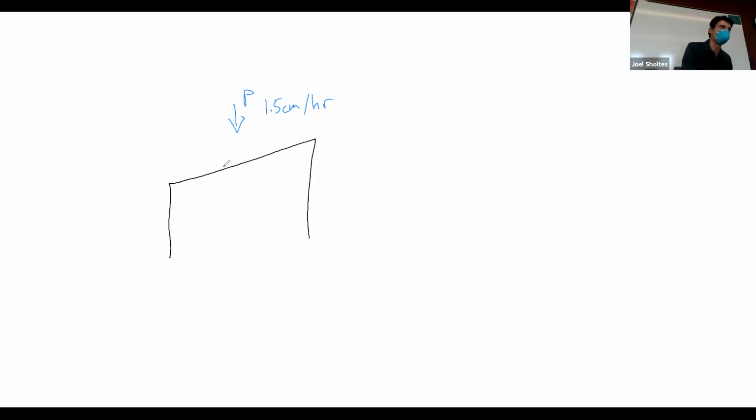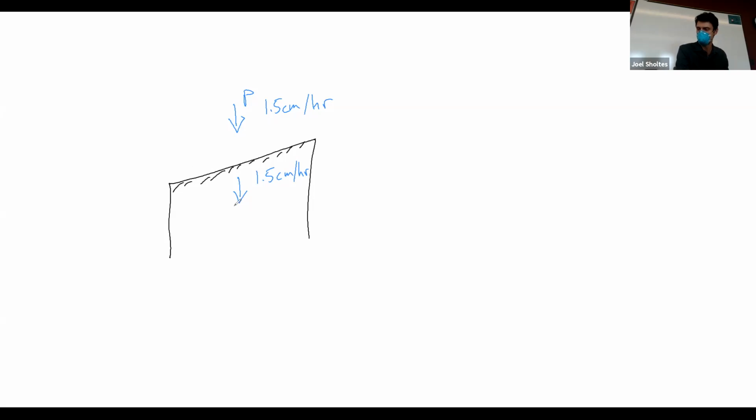Say the infiltration rate of this soil at this time is 1.5 centimeters per hour. So we're good. Whatever is hitting this soil is going to infiltrate.